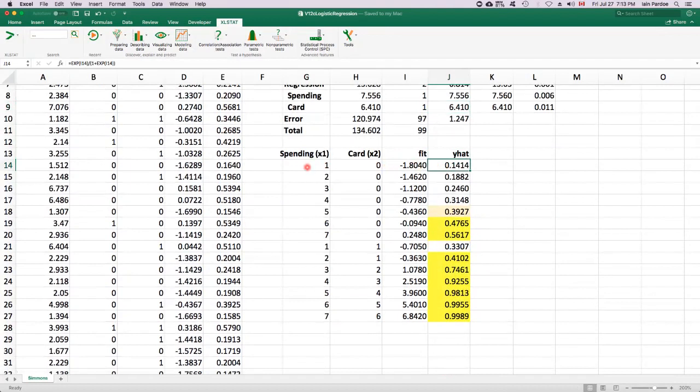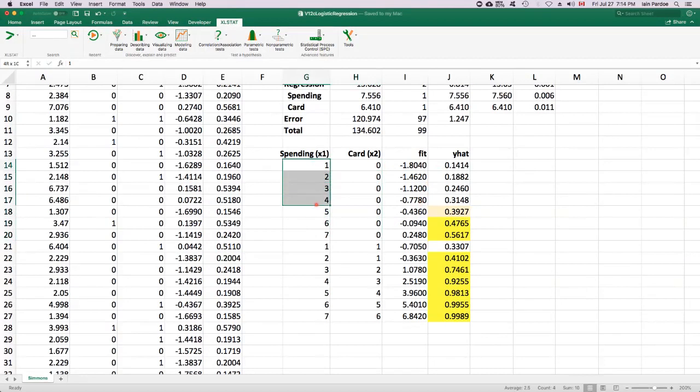So for example, someone who spends $1,000 a year and doesn't have a department store credit card. Someone who spends $2,000 a year doesn't have a department store credit card, and so on. So we go all the way up to $7,000, and we're keeping card fixed with customers that do not have a credit card. That's all these ones here.